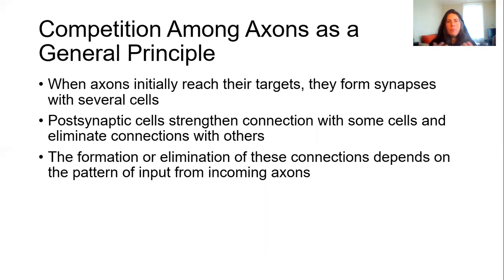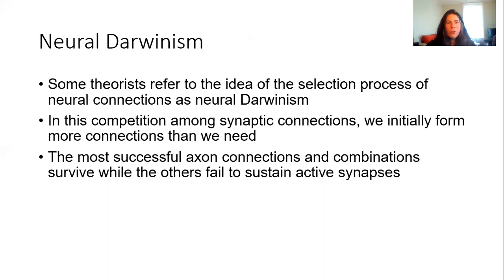So again, this maps onto the use it or lose it principle of synaptic connections or neuronal networks. There are some pathways that are going to be used more frequently than others. That synapse is going to remain, and other ones are going to degrade and cells are going to die.